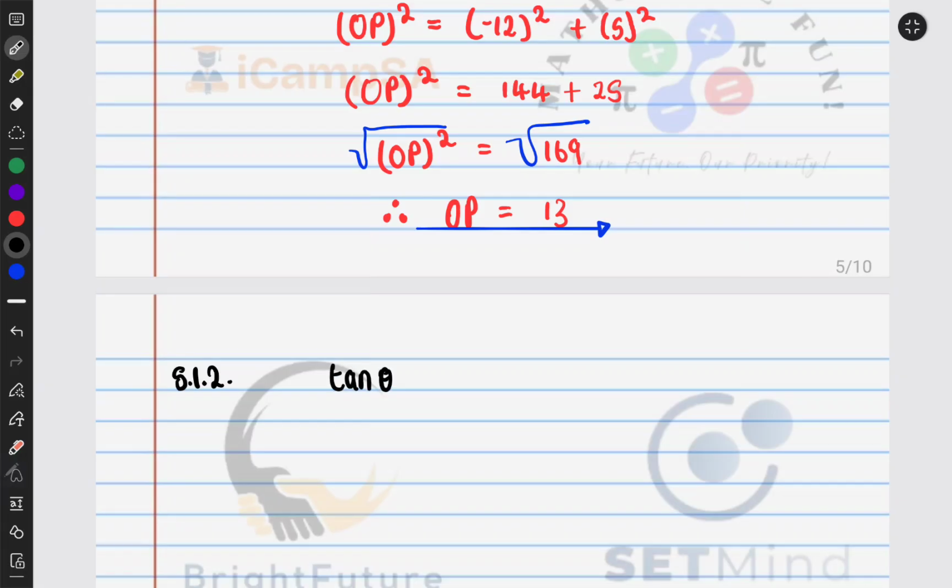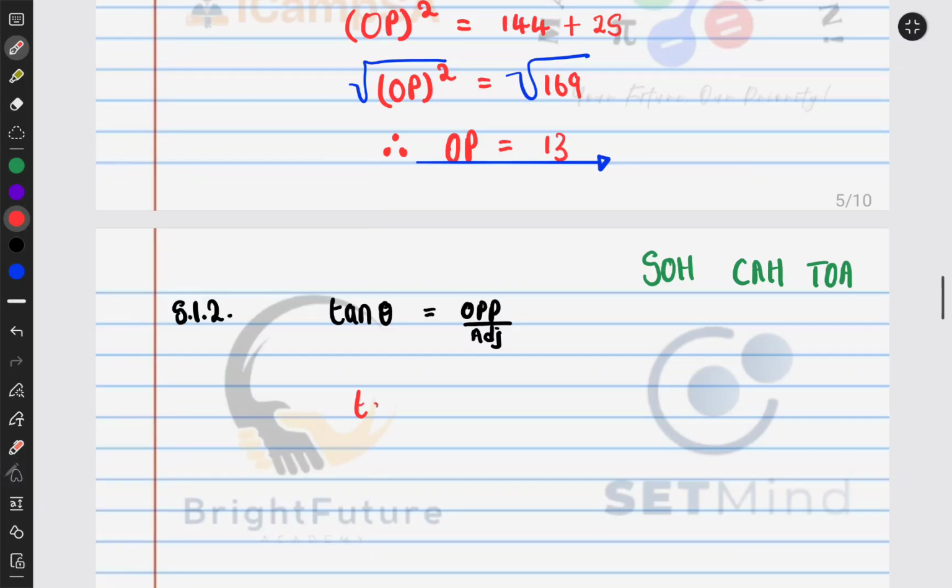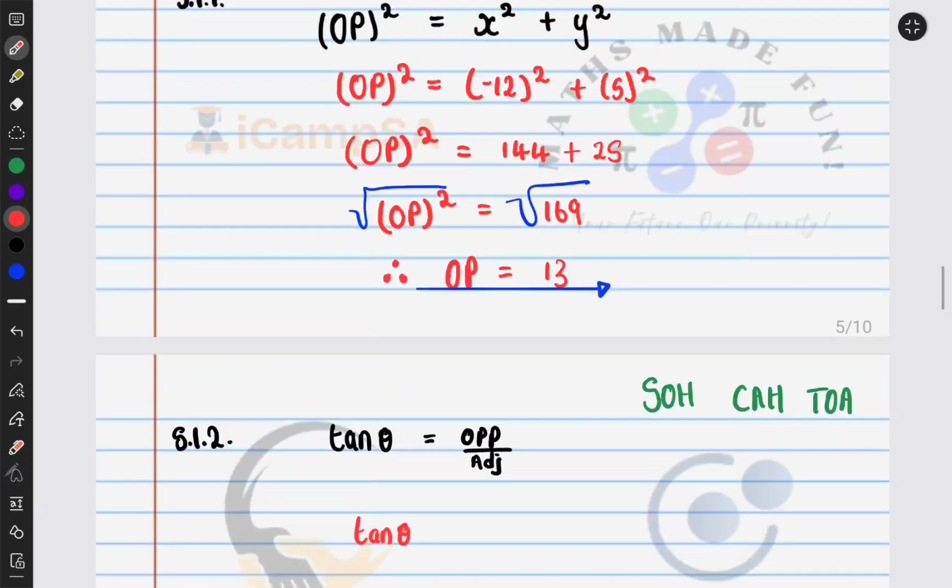And remember, what is tan theta equal to? Remember your SOHCAHTOA. Tan theta is the opposite side over the adjacent side. So tan theta is equal to opposite over adjacent. And what is the opposite side in our Cartesian plane?